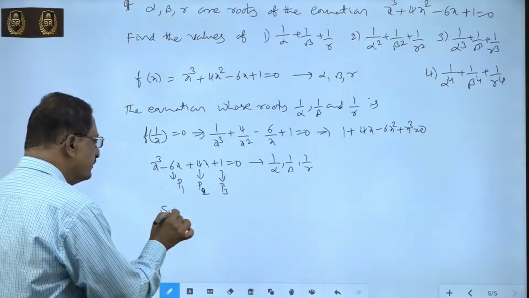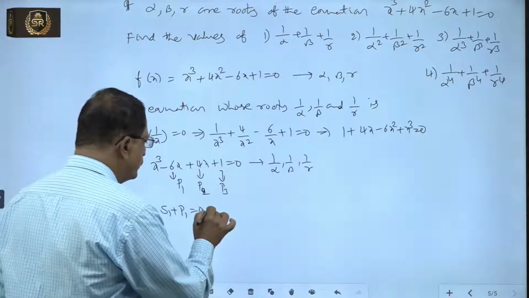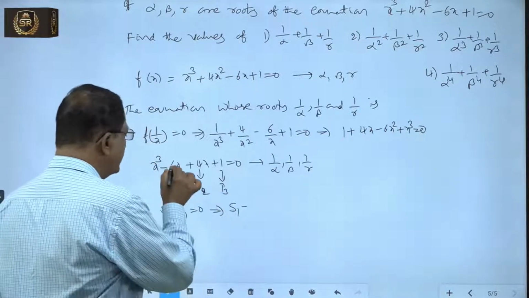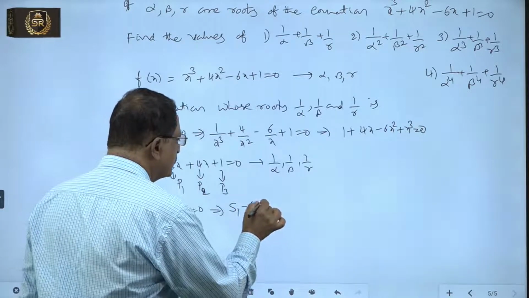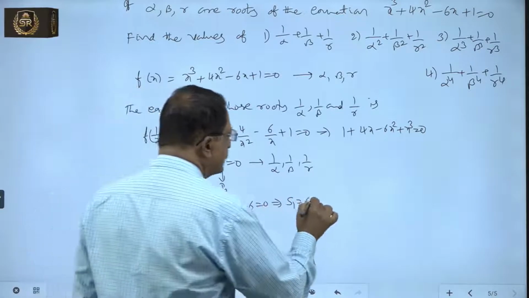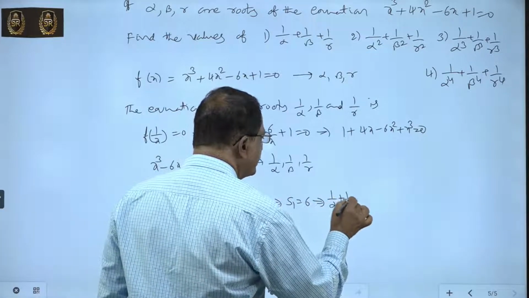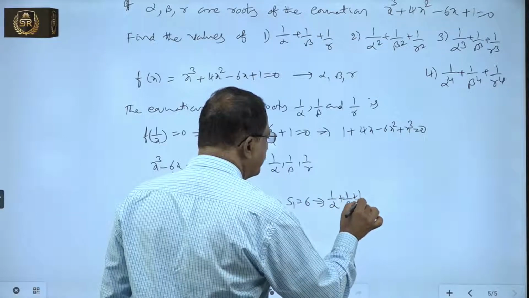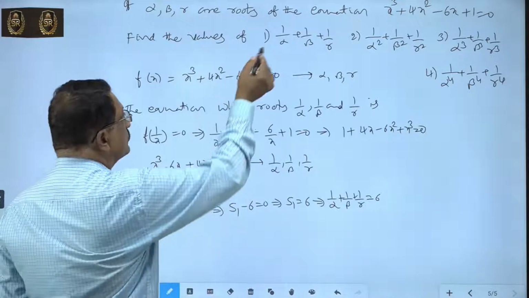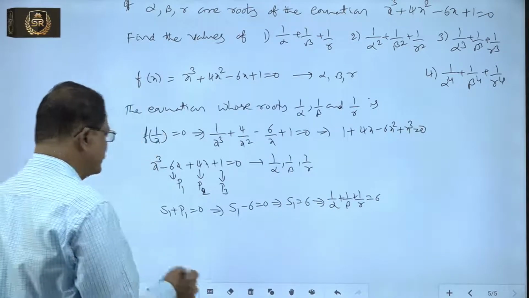S1 plus P1 equals 0, which implies S1 minus 6 equals 0, which implies S1 equals 6. Here S1 is nothing but 1 by alpha plus 1 by beta plus 1 by gamma, that equals 6.